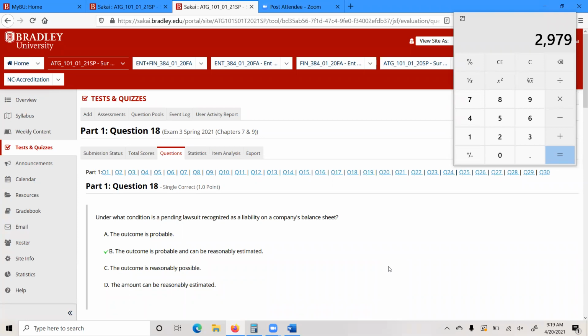So you have to have the likelihood of the lawsuit outcome be probable and it can be reasonably estimated. If you meet those criteria, then yes, that's recognized as a liability. Otherwise, disclosure is the way to go. So you have to have both probable and reasonably estimated.